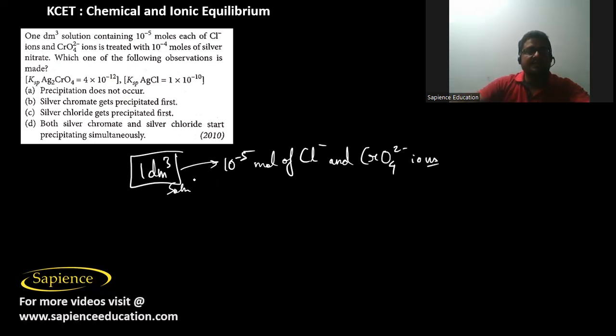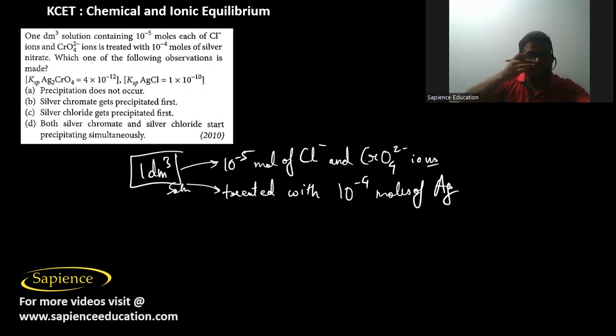This 1 decimeter cube solution is then treated with 10 power minus 4 moles of silver nitrate, AgNO3.